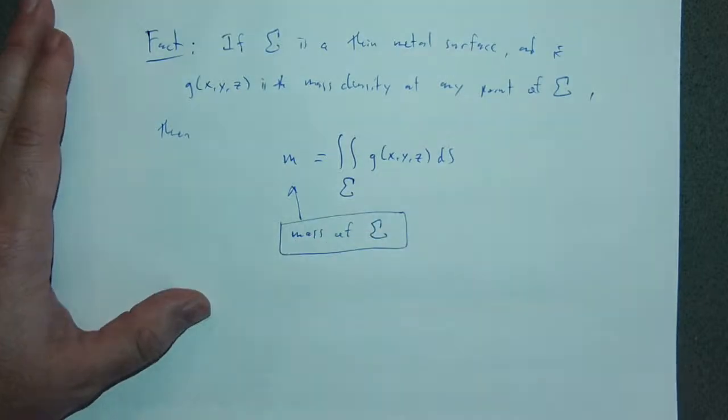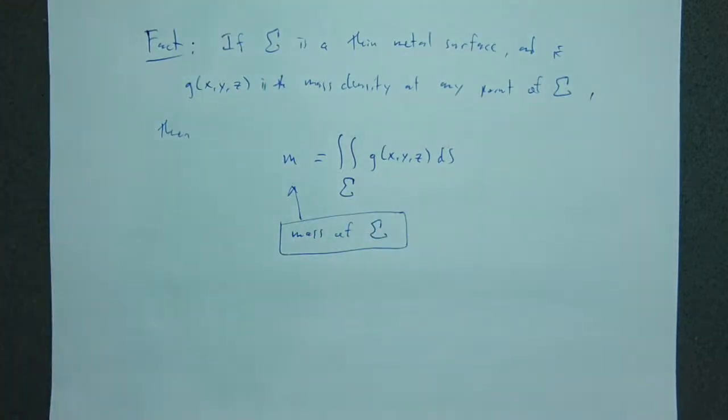Just like if we thought of a thin metal wire arranged in space, so it traces out some trajectory in space, the line integral of the mass density function of that wire computed the mass of the wire, right? So this really is just a two-dimensional generalization of a line integral. So a surface integral is like a 2D line integral. That is literally what it is.